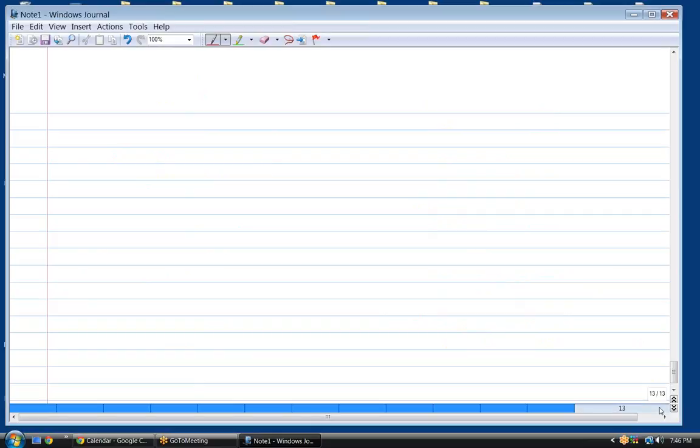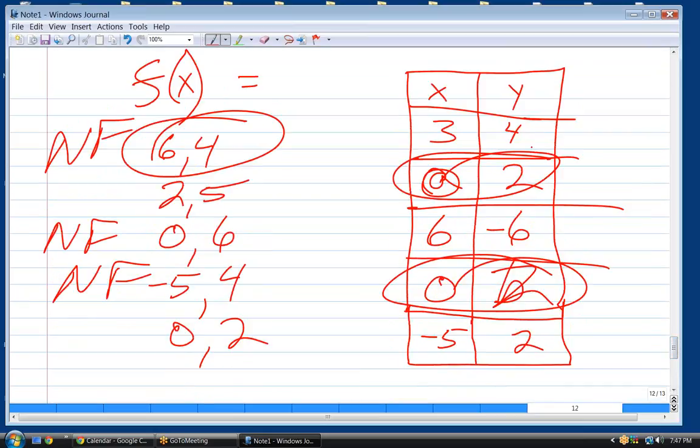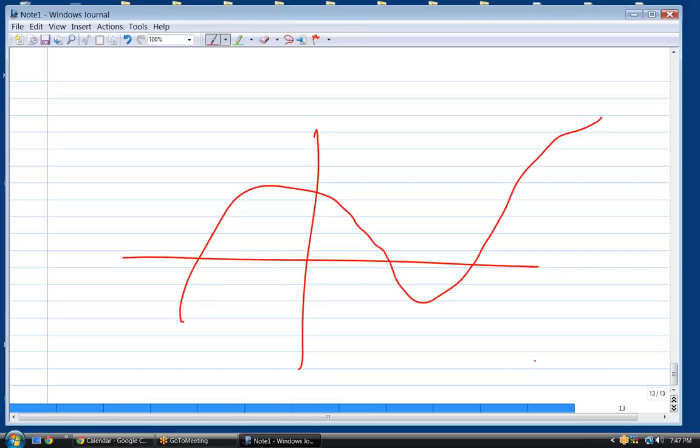It's easy to get confused on that last question also, because it's easy to get confused by two y's being the same. Notice that y is 2 there and y is 2 down there, and that's perfectly okay. That does not violate a function. I can draw a function where y is the same there as it is there for two different values of x.